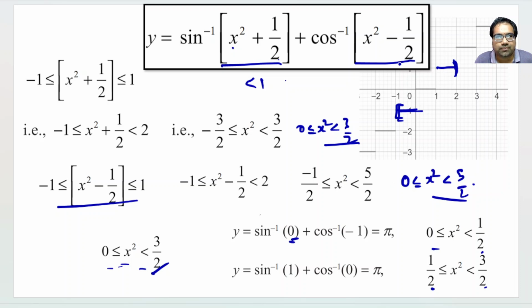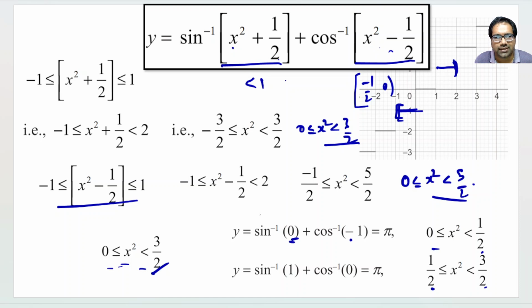That is this. Okay. What will happen to the cos inverse part when x squared is less than 1 by 2? When x is 0, this becomes 0 minus 1 by 2. When x squared is close to 1 by 2, this will be between minus 1 by 2 and 0, right? What is the greatest integer function of this?